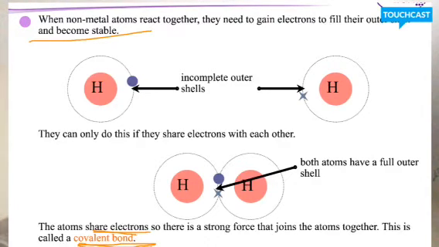Now, the first example that we need to look at is hydrogen. Many of you would say hydrogen is in group 1, therefore it's a metal. However, hydrogen, yes, it's in group 1, but it's a non-metal. Hydrogen only has one energy level, and if you recall studying this in term 2, the first energy level can only hold 2.